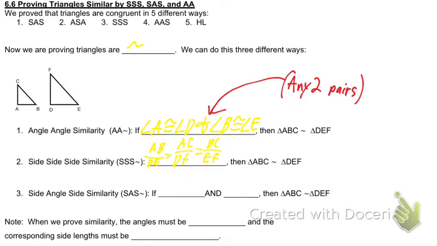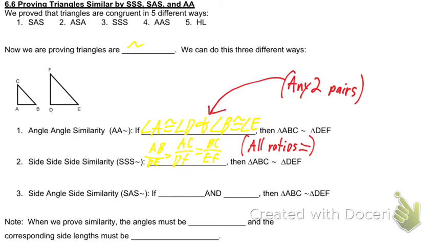Then the triangles are similar. For this little note we can write that all the ratios have to be equal. So even if you don't know anything about the angles, if the corresponding sides have equal ratios, all 3 sets, then the triangles are similar by side, side, side similarity.